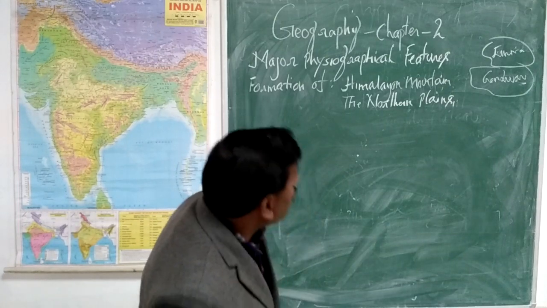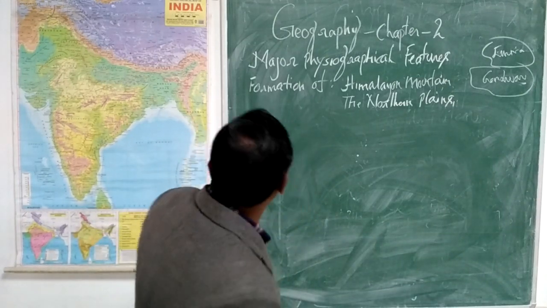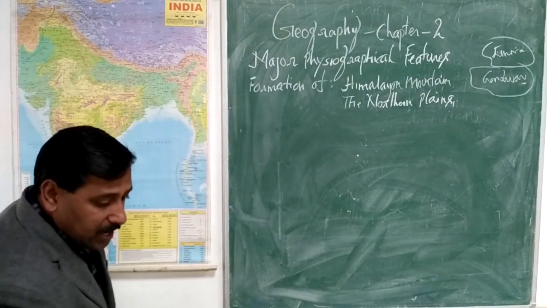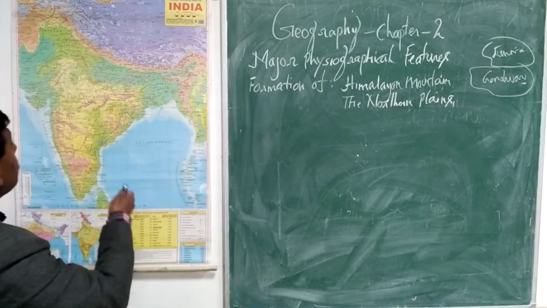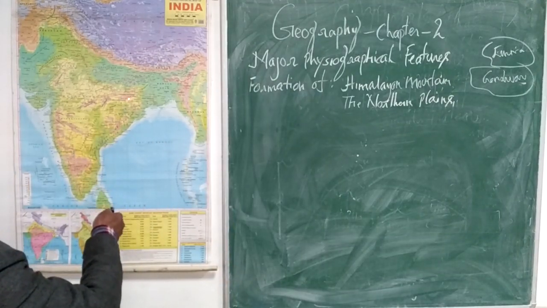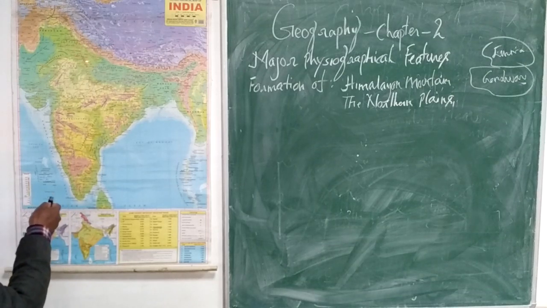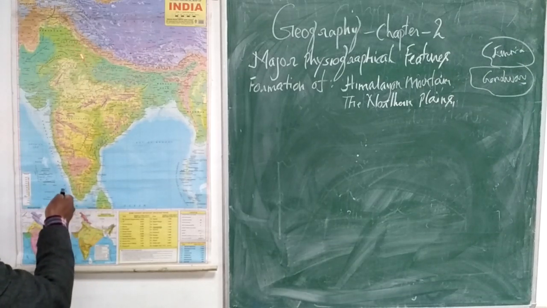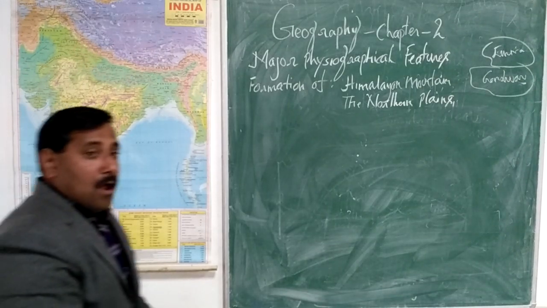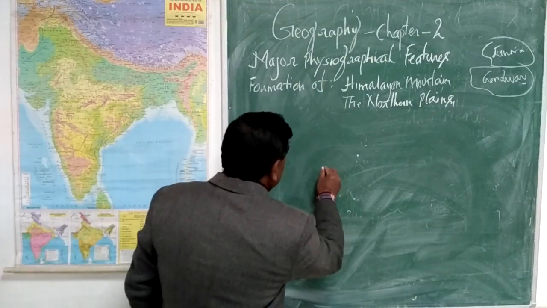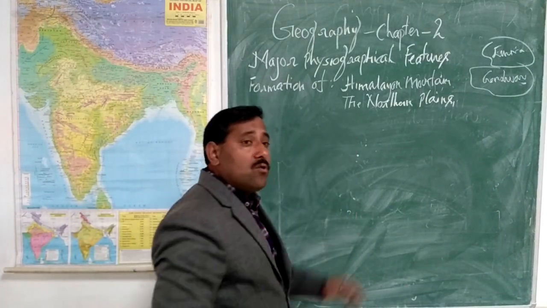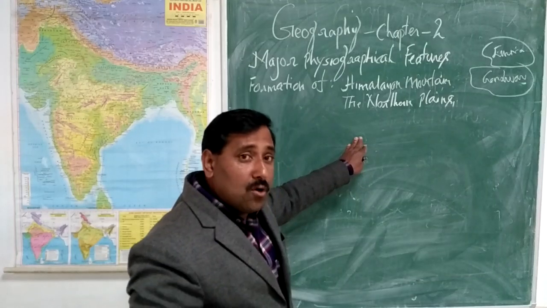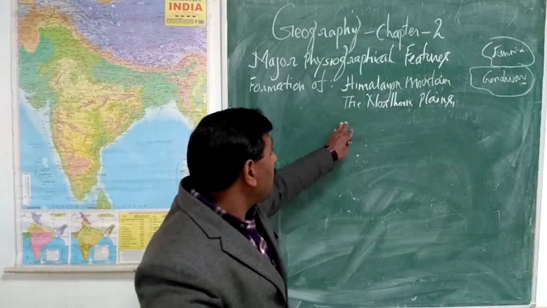First, we should know how the formation of these northern plains took place. This is the area of the northern plains. Now, how did the formation take place? To understand more about the northern plains, you should know how the formation took place.